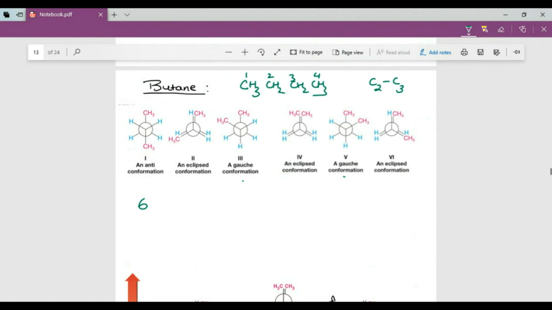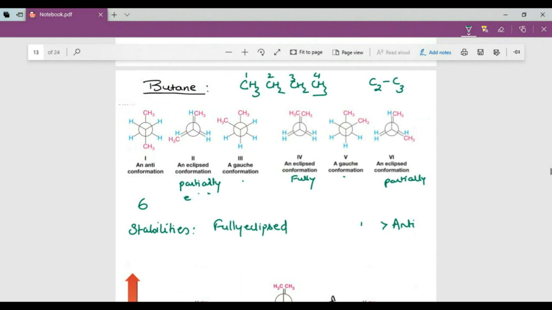Okay, if I compare their relative stabilities, then anti is the most stable one. Those which are fully eclipsed, this is fully eclipsed. Where is the other fully eclipsed? No. These two are partially eclipsed. This is also partially eclipsed.